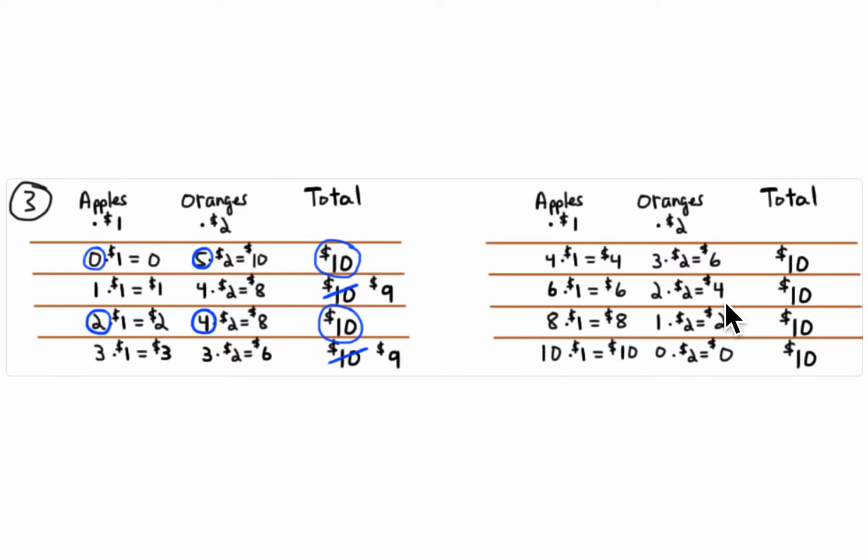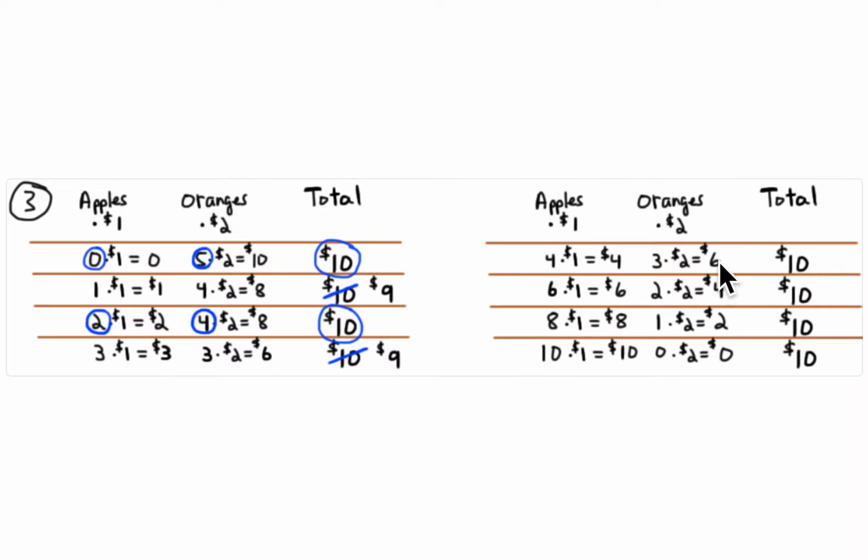And now I can always figure out a number of oranges to purchase to get to $10, because that number of oranges gets multiplied by 2 to figure out the cost. So $2 times 3, $2 times 2, $2 times 1 is 2, 4, and $2 times 0 is 0.